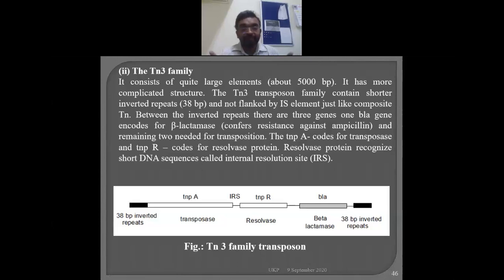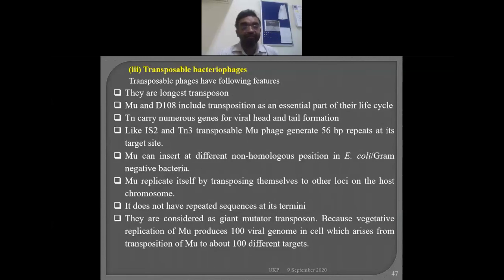In that way this is going to be detached. For the cutting purpose, transposase is involved. For the recognition, resolvase is there, and for that purpose the recognition site is also there, and in that way the intact transposable element gets detached and goes into another.